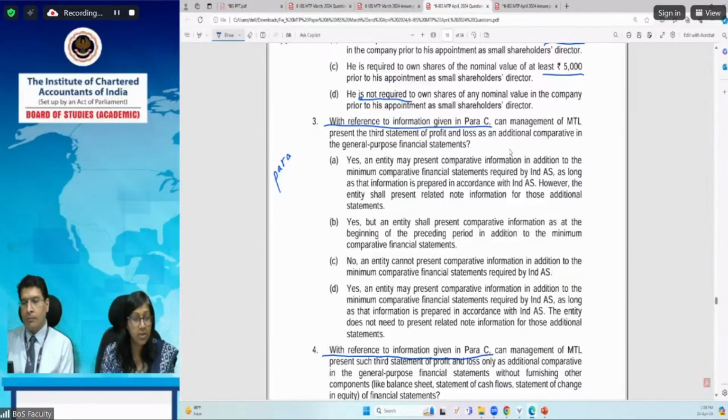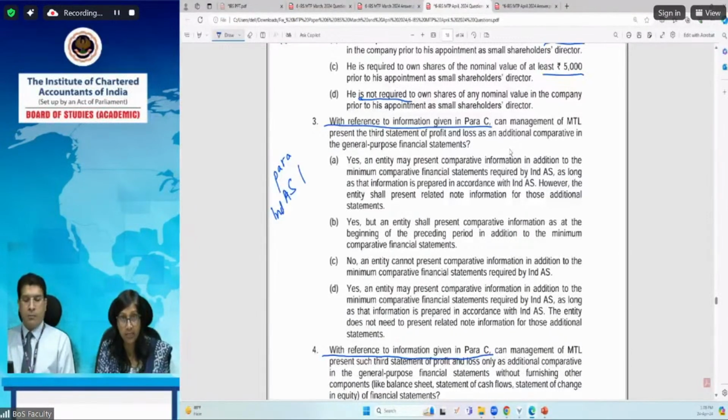Okay, students, the standard which is relevant for this particular MCQ is Ind AS 1, because Ind AS 1 talks about presentation of financial statements. And here in this question, MTL wants to know whether they can present one more comparative year information in the general purpose financial statement. So Ind AS 1 comes into the picture for answering this MCQ 3.